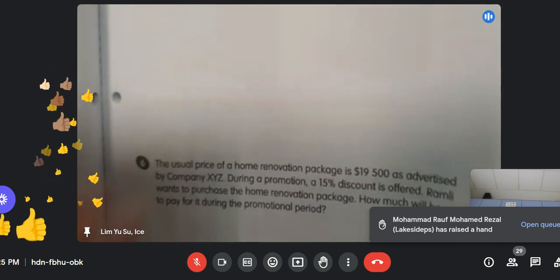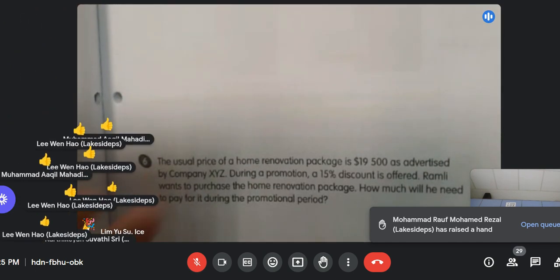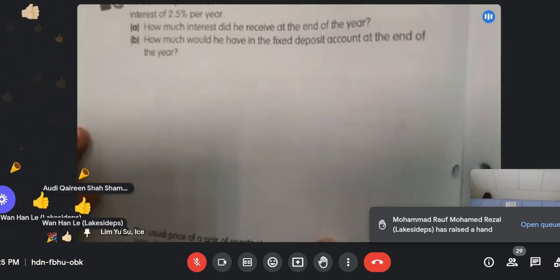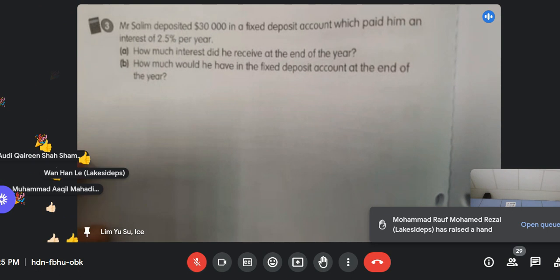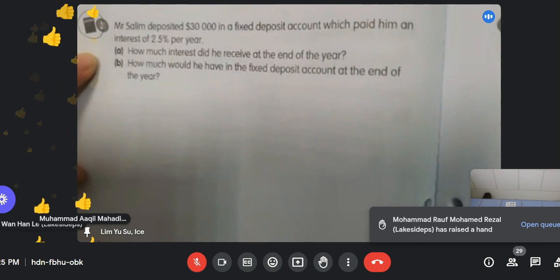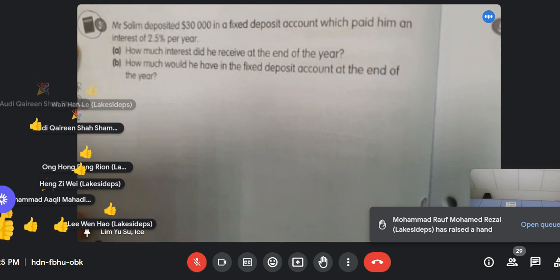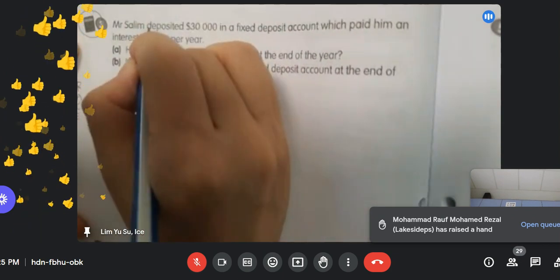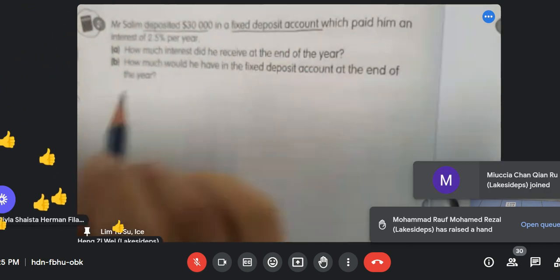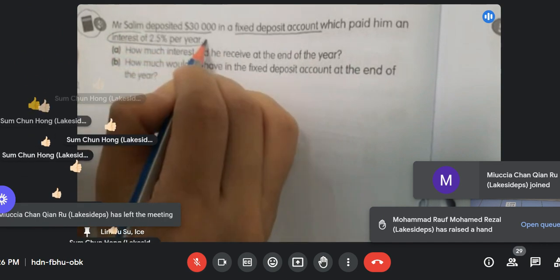Okay, we have 1, 2, 3, deposited $30,000 in a fixed deposit account, which pays an interest of 2.5% a year.